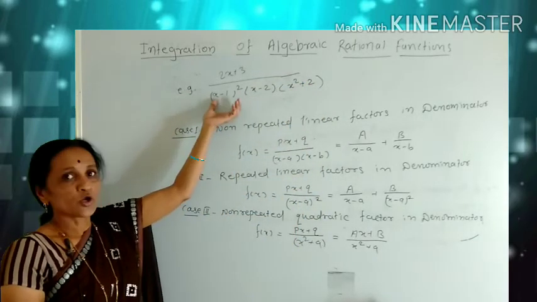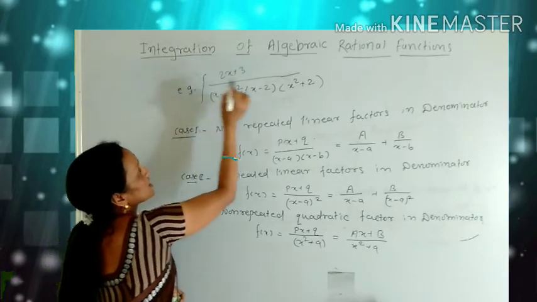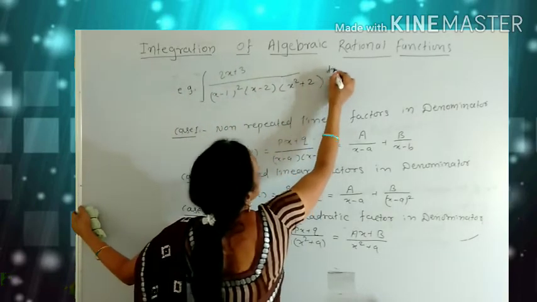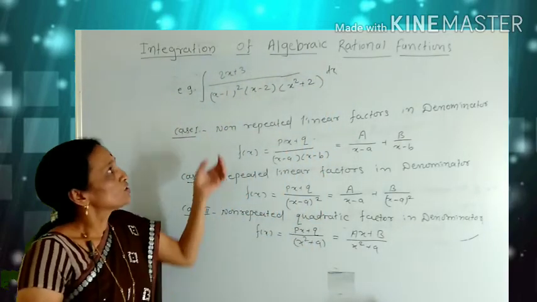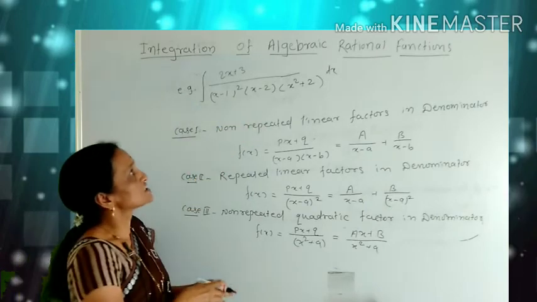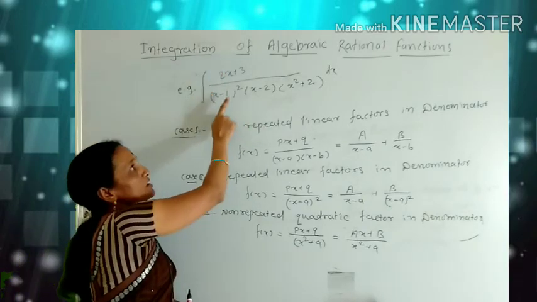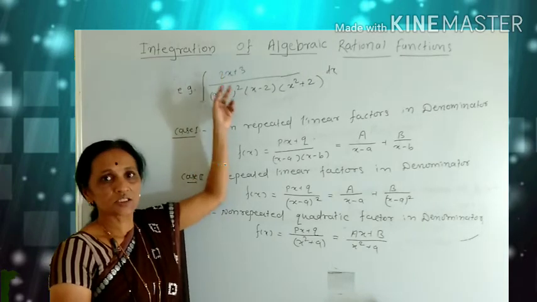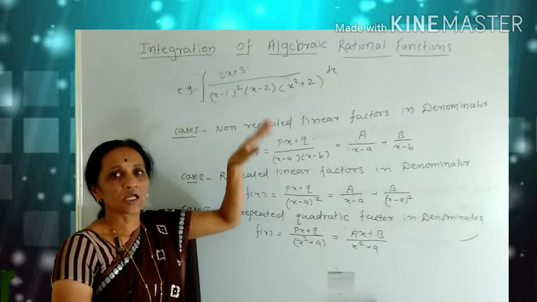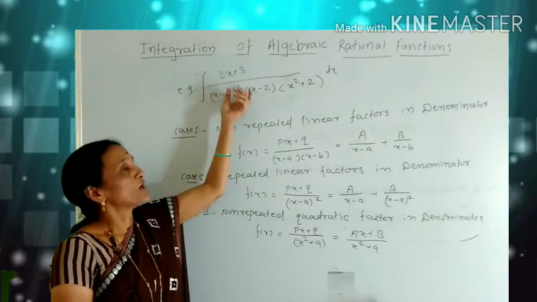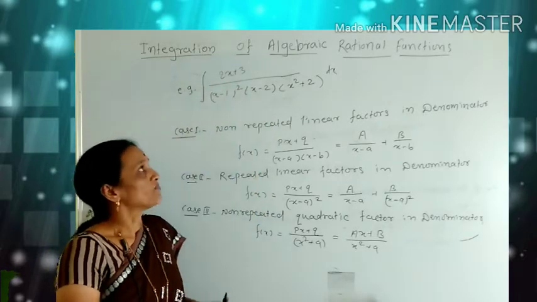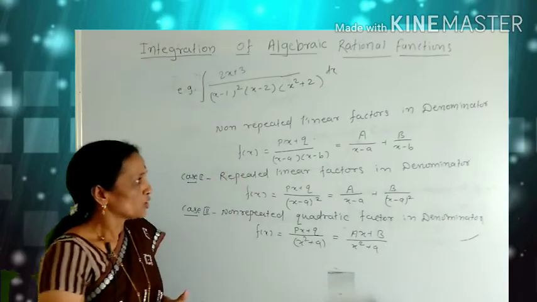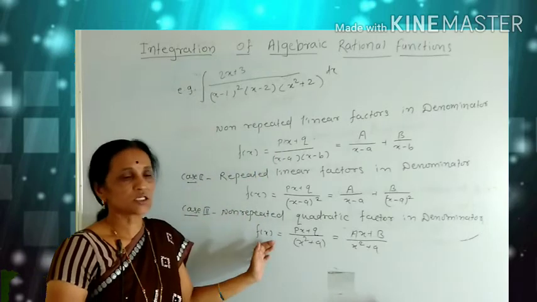And if we have to integrate this function with respect to x, we first check the degree of the numerator and the degree of the denominator. If the degree of the numerator is less than the degree of the denominator, we directly consider the function for the partial fractions, and for the partial fractions we consider these three cases.